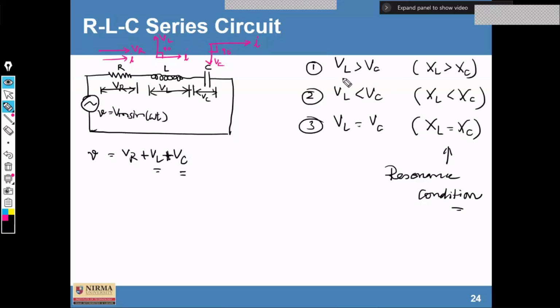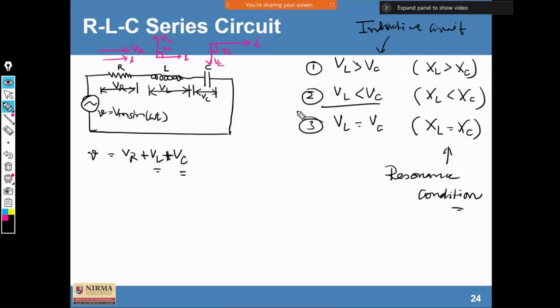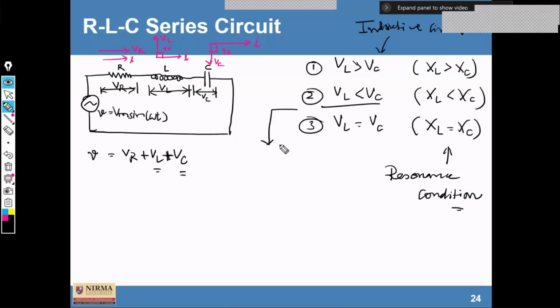Whenever VL is greater than VC, the circuit will behave as an inductive circuit, not purely inductive, but we can consider it as behaving inductive, and in the other condition it may be a capacitive circuit.